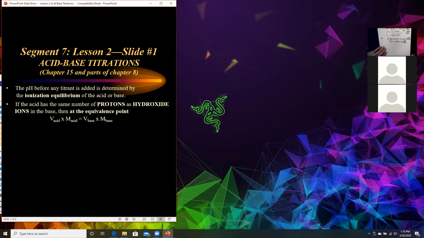Now, there's a special point. If you look at this region, when I've added enough base to use up half of the acid, then the amount that remains is half of the original HA, and the amount of the A minus I will get will also be half of the original HA. So these two concentrations will be equal to each other.